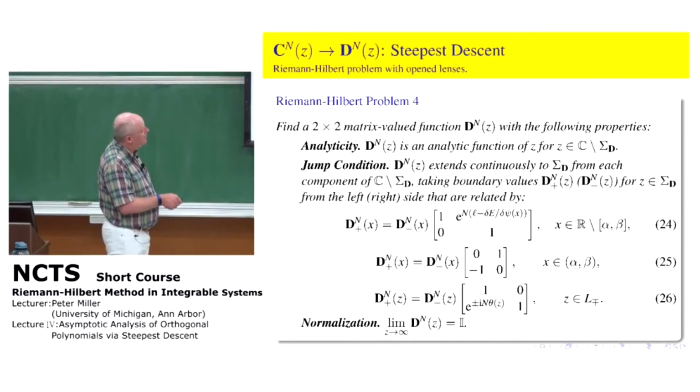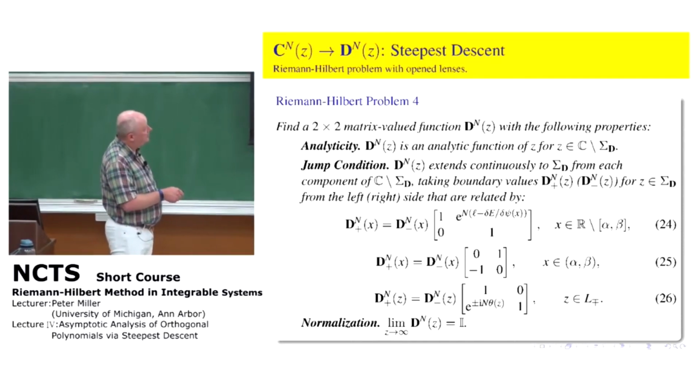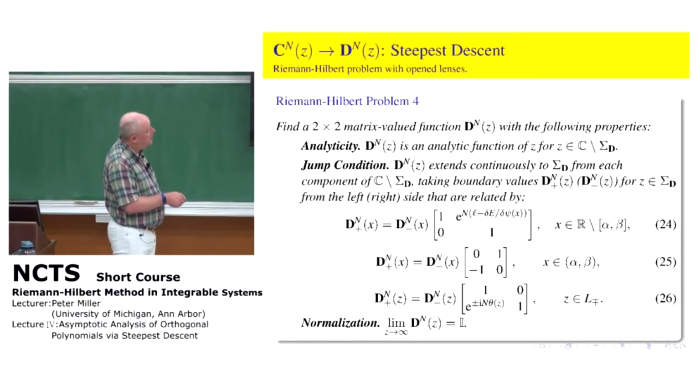So this is the formula for outside the support. It's exactly the same as before. This is, remember, exponentially small. This is the only thing that's left in the support interval for D. It's that central constant twist matrix factor. And then on the upper and lower lenses, we've got these factors here.